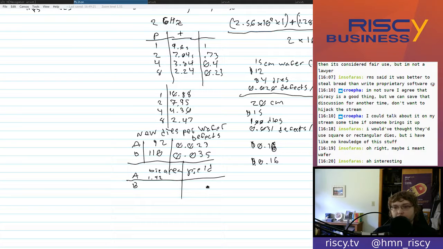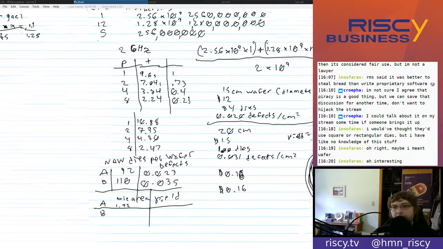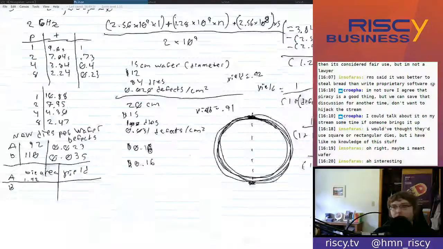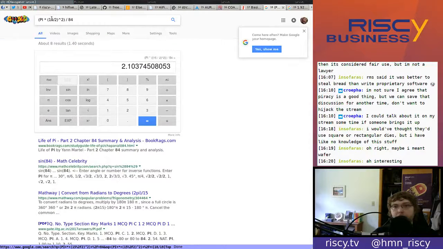So now we need to do the die area for B. And that one, we're saying there's 110 dies, and we need the, okay, 20 centimeter diameter. So this changes to a 20.